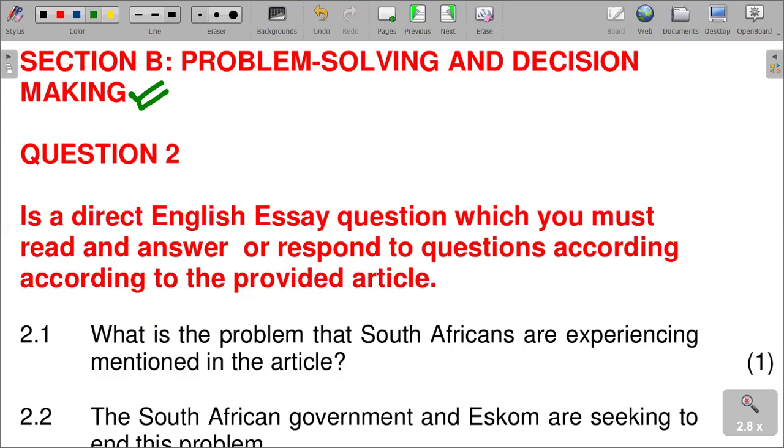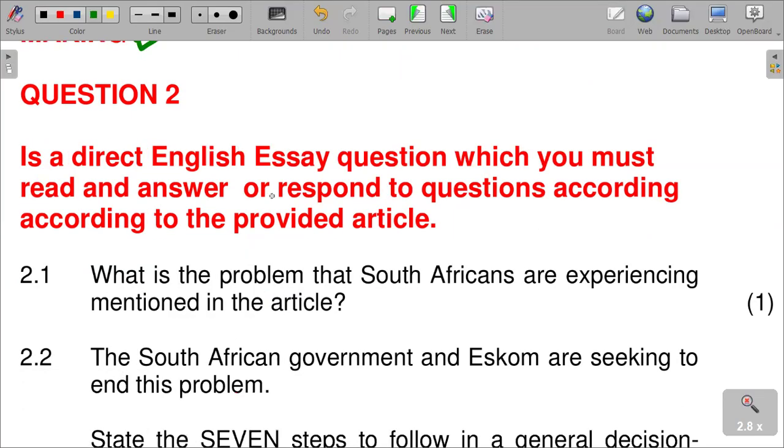So what is happening here is that this is a direct English essay question which you must read and respond to according to the provided article. The article that is attached there, the addendum, can give you answers to the questions that are here.